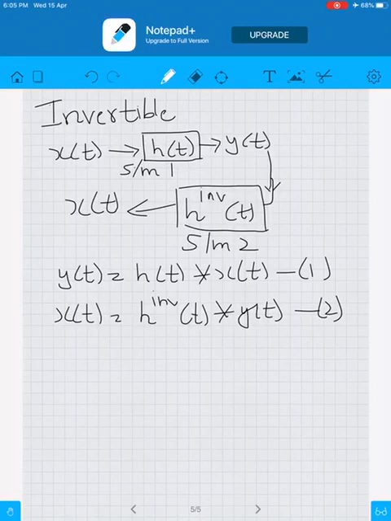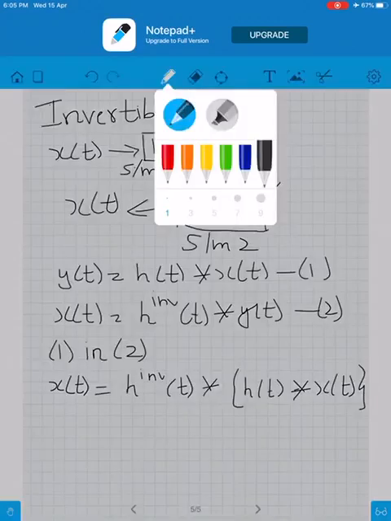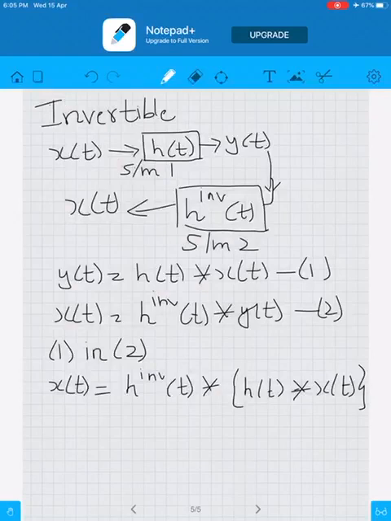Now, if I substitute equation 1 in equation 2, then x of t is equal to h inverse of t convolve with, in place of y of t I am writing h of t convolve with x of t.